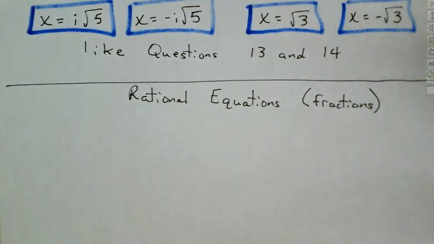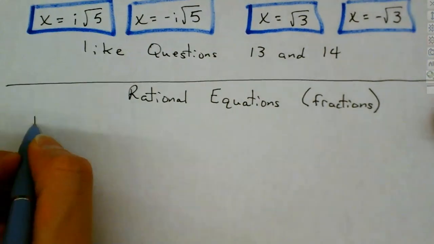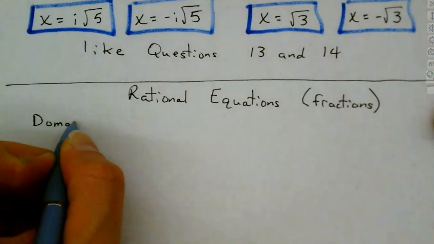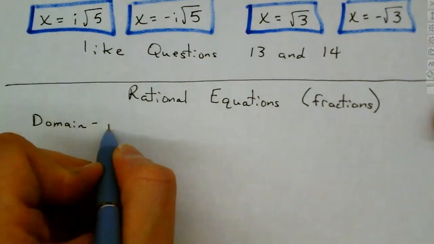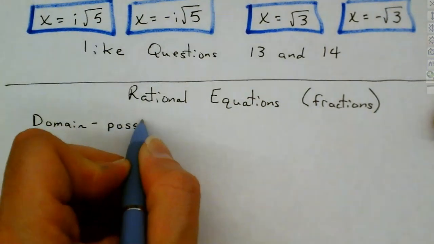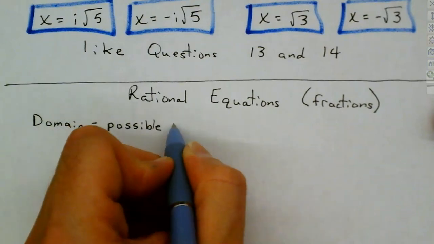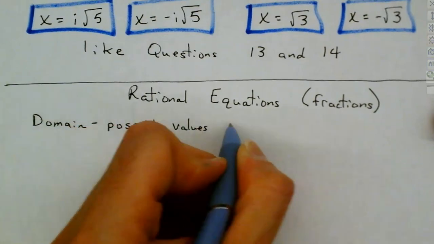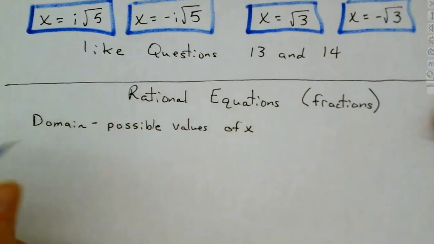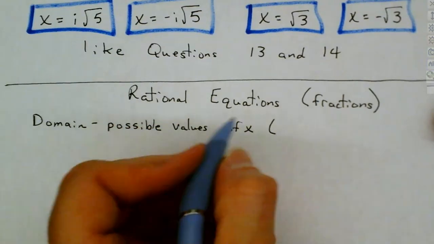Now, the first ones that we're going to talk about for 1 and 2 is we're going to be talking about the domain and what the domain is and how we find out what numbers are not in the domain. So the domain is the possible values of x. And what we do not want is division by 0.